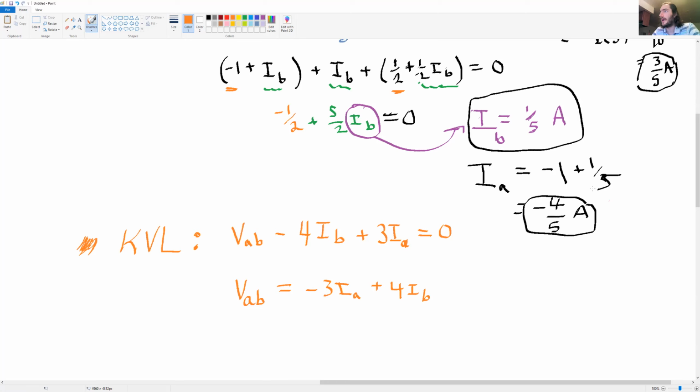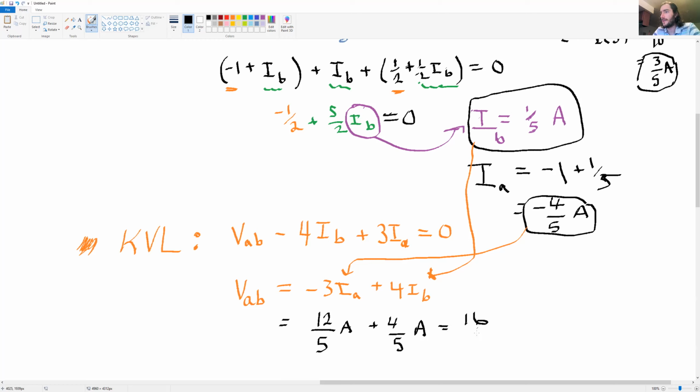We look over here at our solutions for IA, so this one is minus 4/5, and then IB is 1/5. So we can calculate this. Minus 3 times a negative 4/5 is going to be a positive 12/5, and then plus 4 times IB, the purple one, 1/5, so plus 4/5.